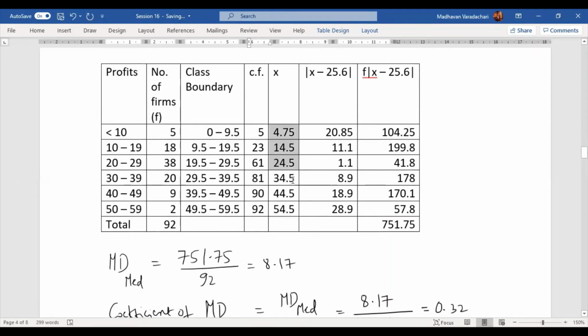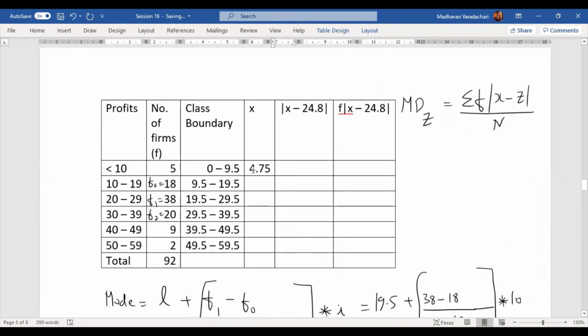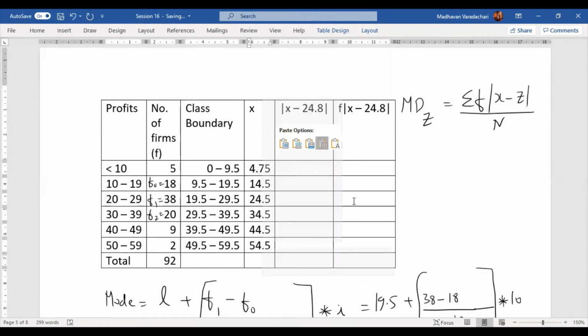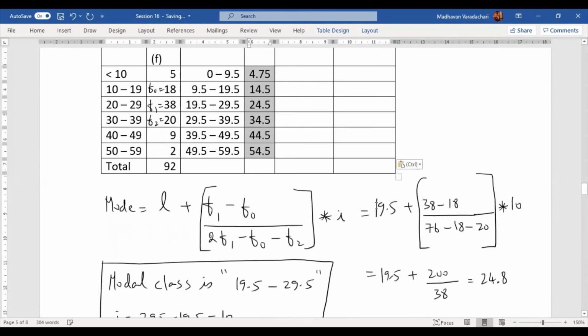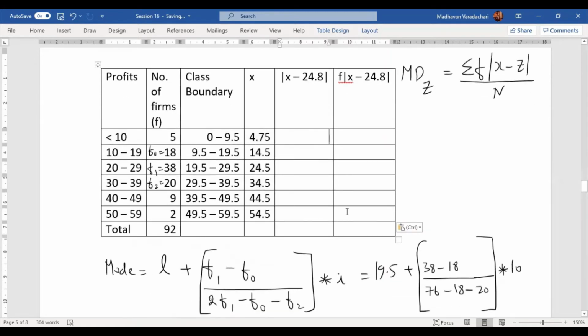Yeah, I think this one. Let me see if I can copy that here. Yes, I could copy that. I mean, because 9.5 and 19.5, the mid value is 14.5. So it's fine. So now we can proceed.